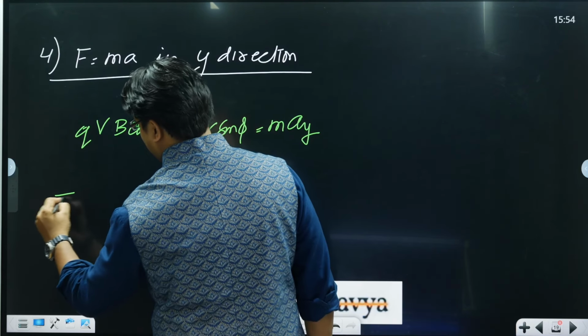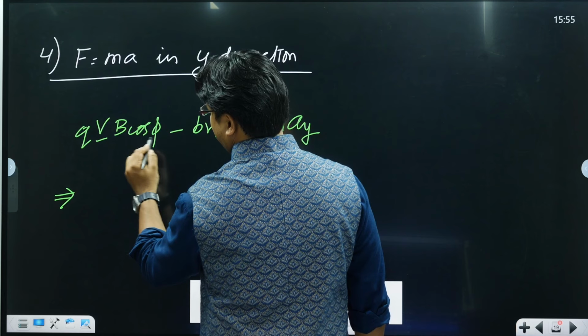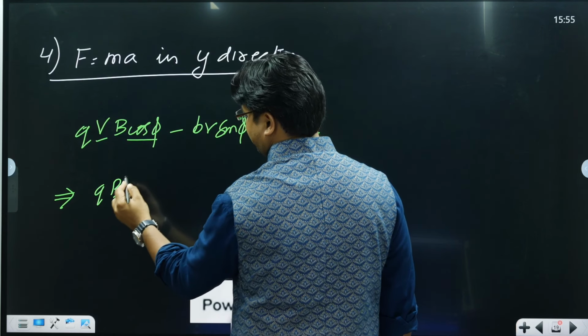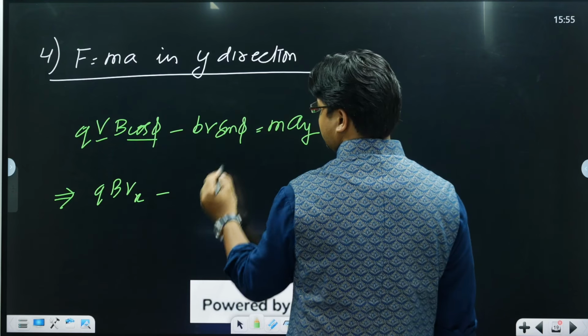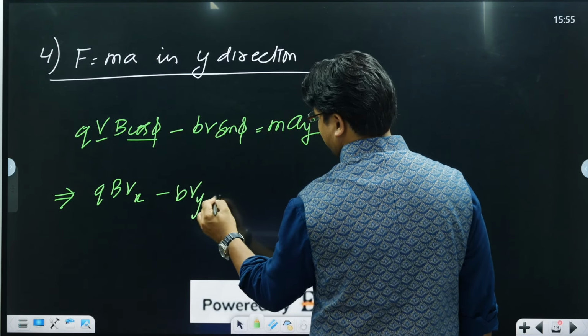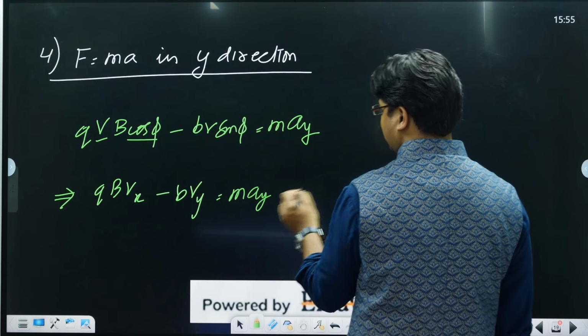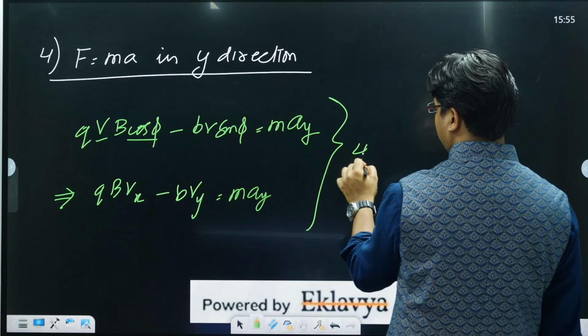And again, V cos phi becomes Vx, and V sin phi becomes Vy, equal to MAY. So this is our fourth equation.